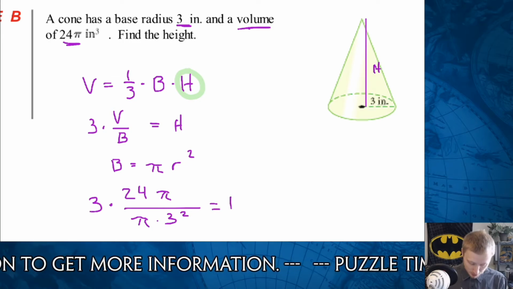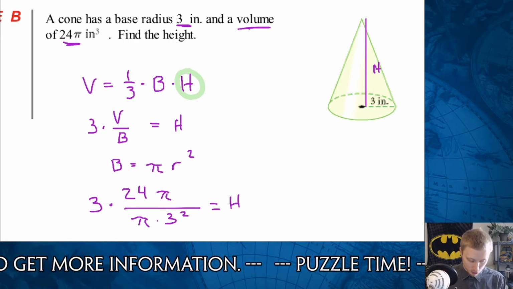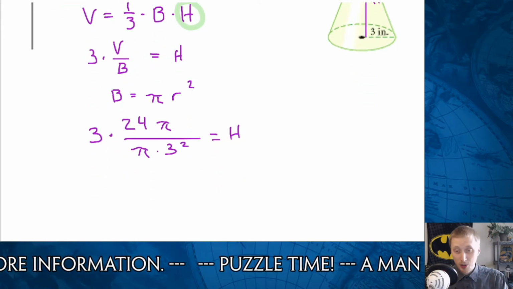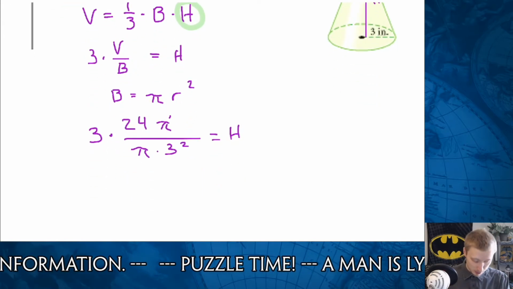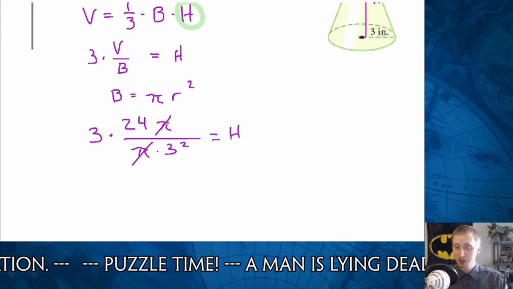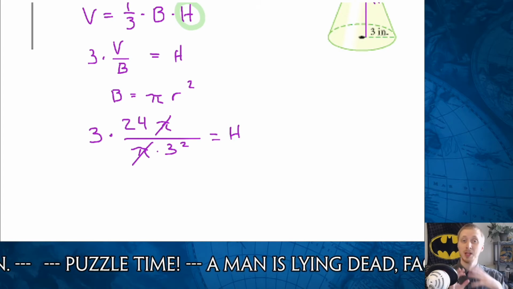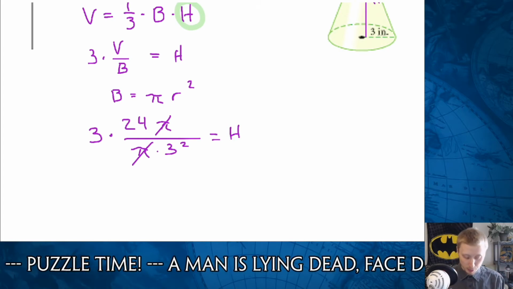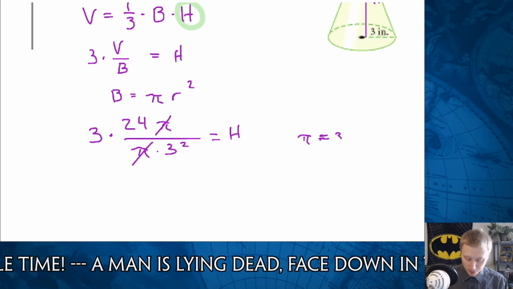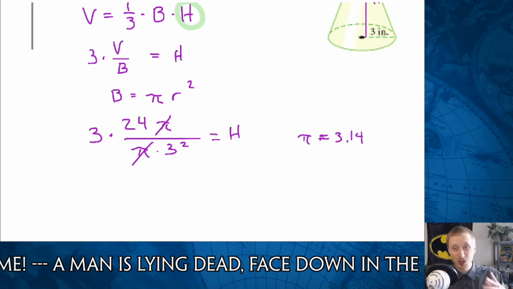That is going to give me h. I have everything I need. Notice I have a pi on top and a pi on the bottom. Don't have to worry about that intermediate decimal. If we're left with a pi, don't worry, approximate it. It is about 3.14. That's good enough for our purposes.